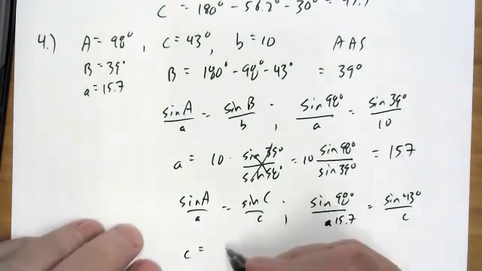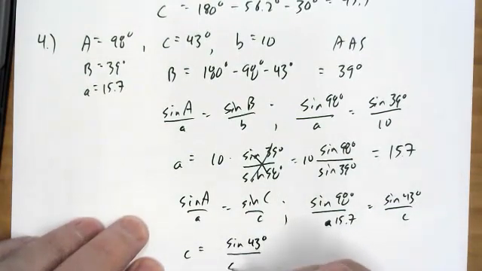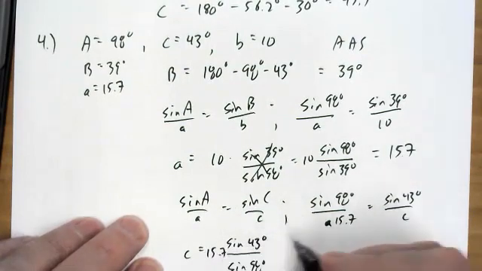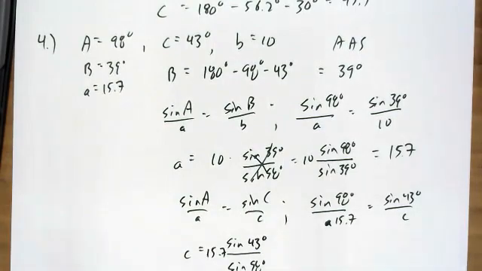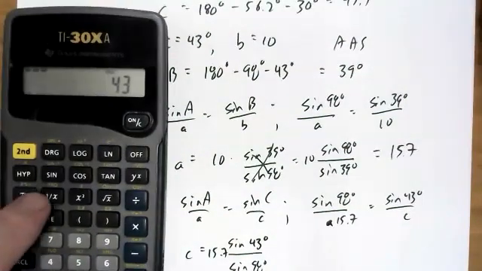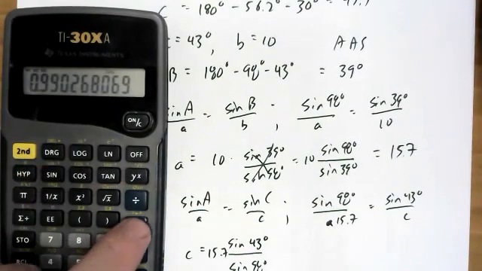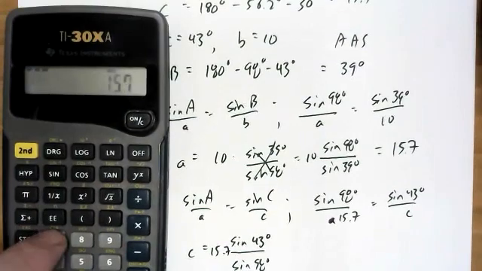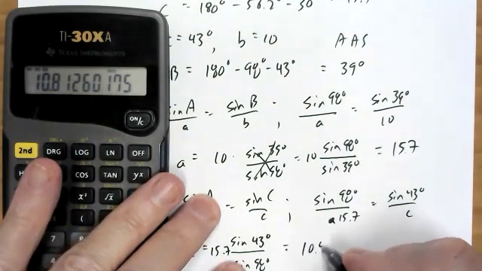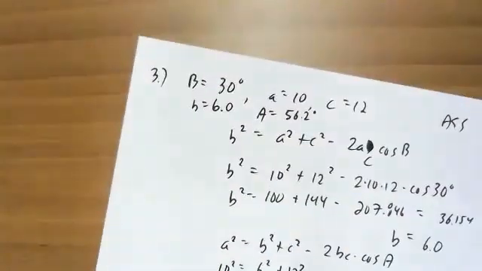C should be sine of 43 degrees over sine of 98 degrees times 15.7. 43 sine divided by 98 sine times 15.7 is 10.8. And I believe that is correct. So sorry about that mix up earlier.